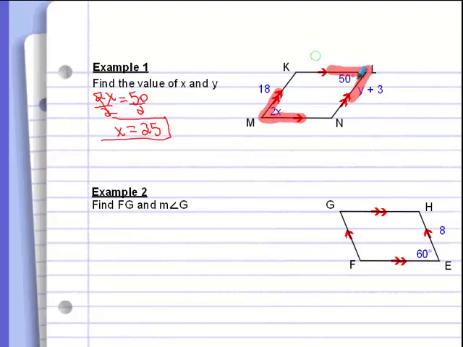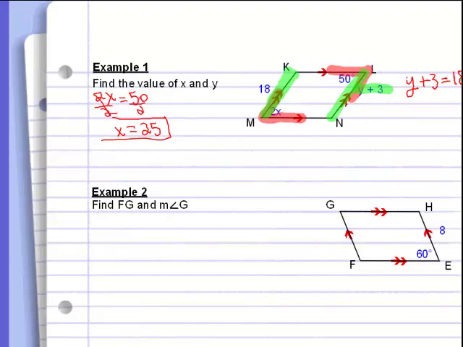Now, if I can identify y, it is right here, meaning it is a segment or a side. If I remember the properties of a parallelogram, opposite sides are also congruent, which means that if this side is y plus 3 and this side is 18, those 2 sides are congruent, which means they are also equal. And if they are equal, we set them equal.